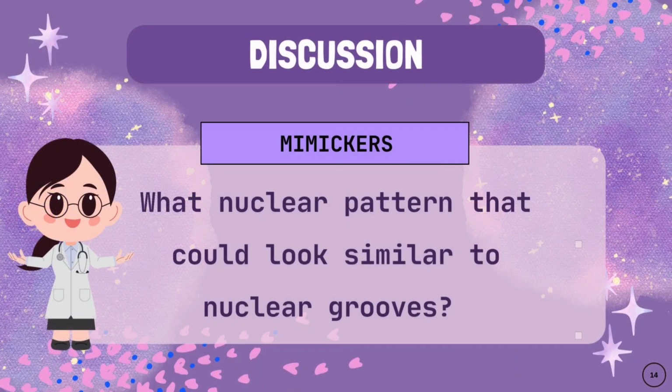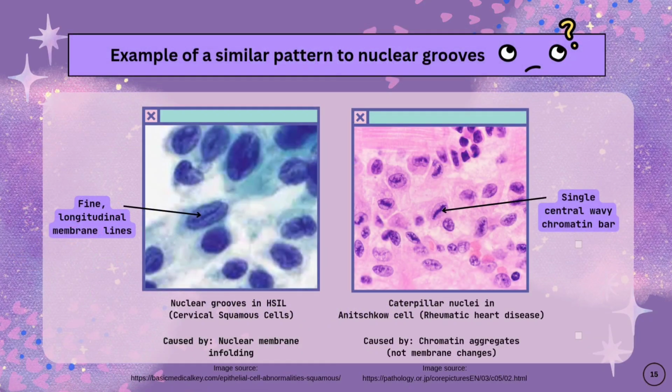Next, we will continue with the discussion of mimickers. This discussion is to answer the question of what nuclear pattern could look similar to nuclear grooves. In this slide, you can see there is a similar pattern, which is caterpillar nuclei, that is quite different but similar to the nuclear grooves.